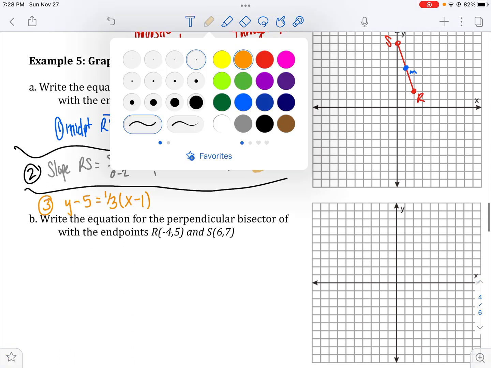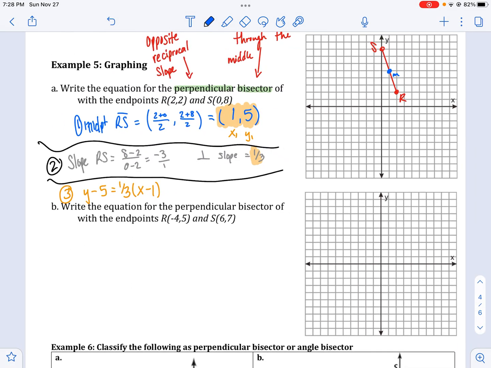All right, let's take another look at an example here. I got R is (-4, 5) and S was (6, 7).